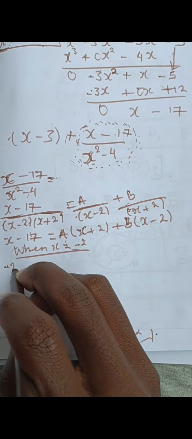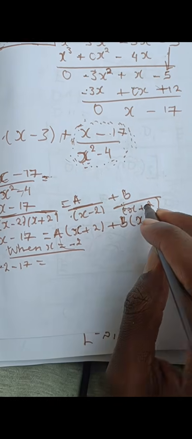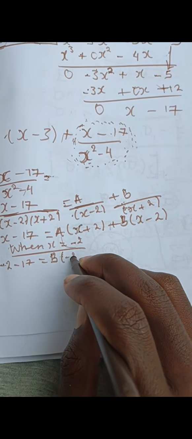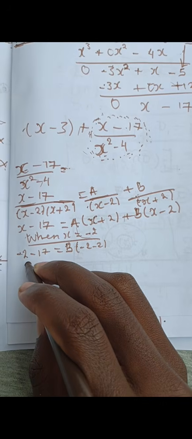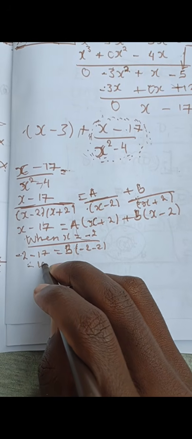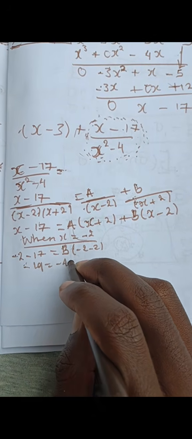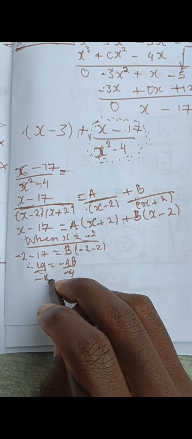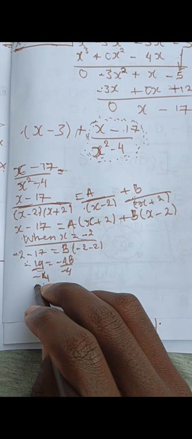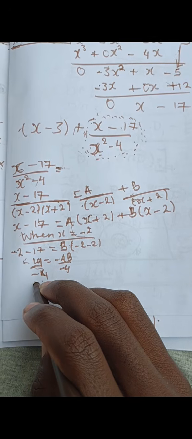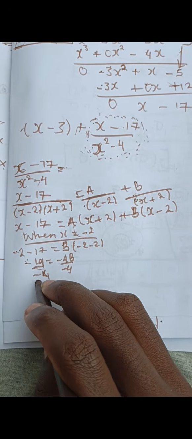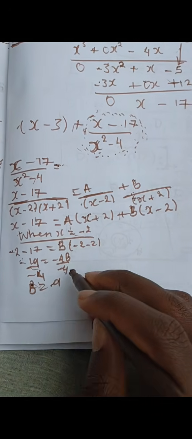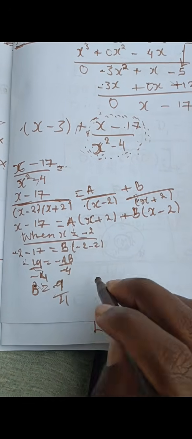So I'll remain with negative 2 minus 17 is equal to b times negative 2 minus 2. So here we have negative 19 is equal to negative 4b, over negative 4 over negative 4. So b is going to be equal to 19 over 4.